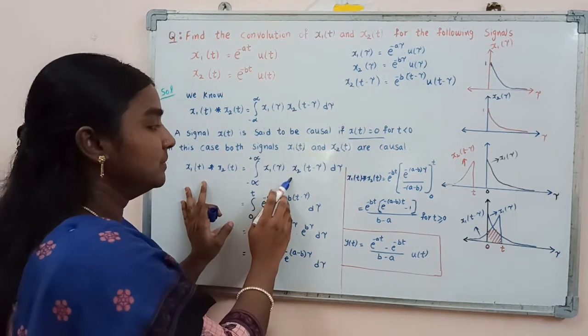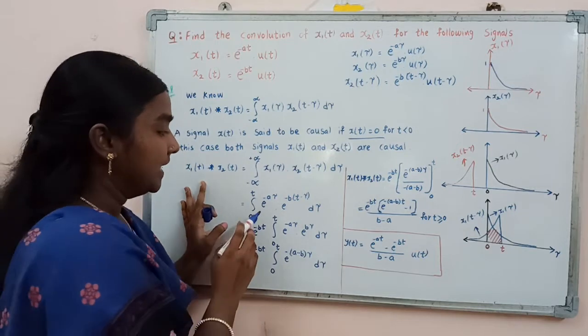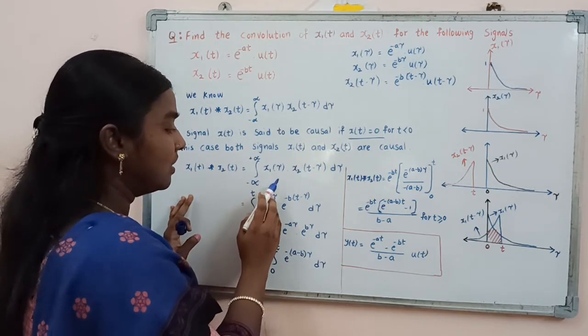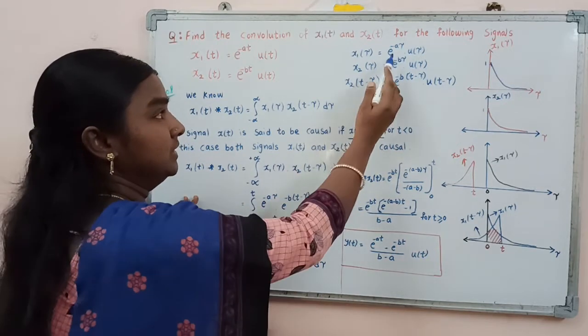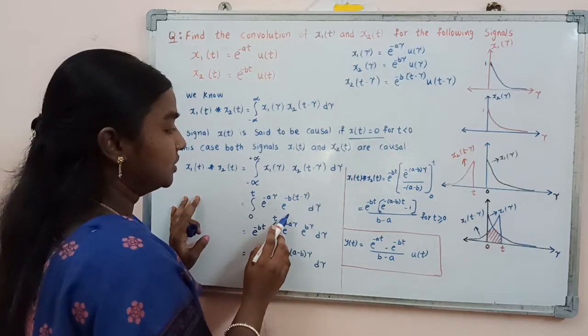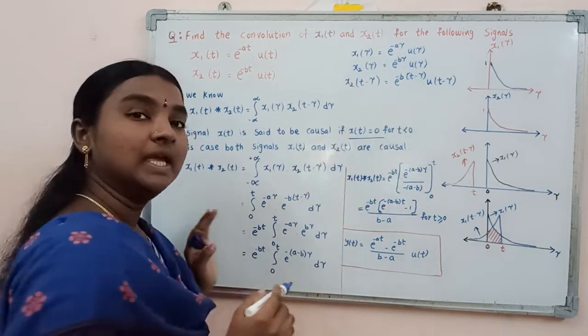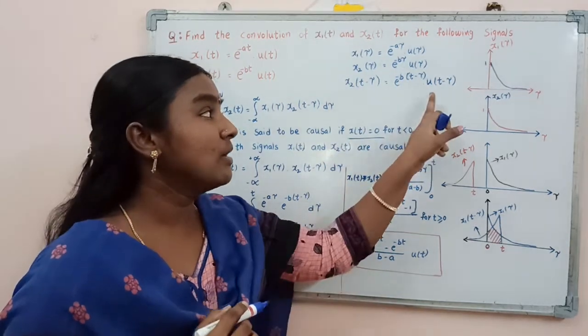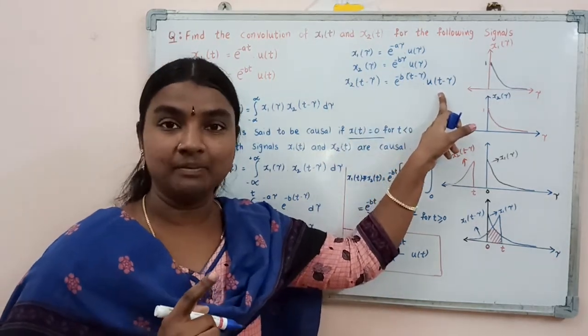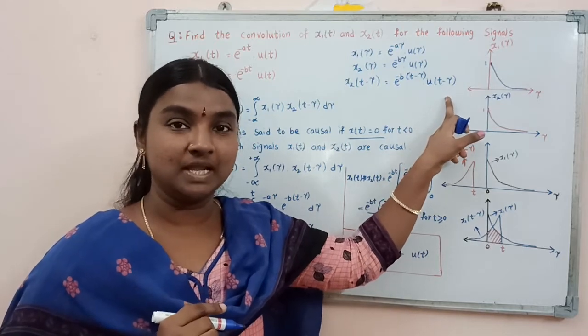This is the principle we are going to use, and by considering the x1 of tau mathematical expression, this one, and the x2 of t minus tau mathematical expression, this one. Here u of tau and u of t minus tau are going to be 1 because it is a unit step signal.